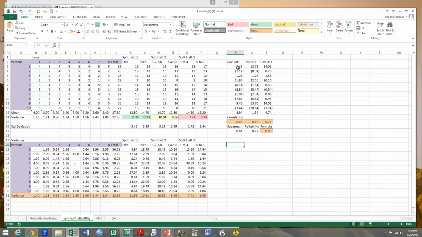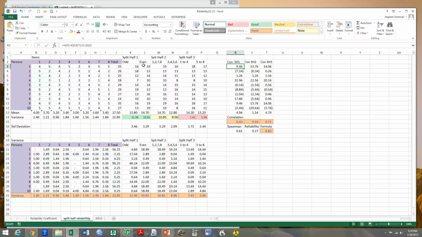Next, we find covariance. Covariance is the way one variance relates to the other. So here we have the score less the mean, L13, so we have K3, which is the score, minus the mean, times, that's for odd, times the score minus the mean for the even.